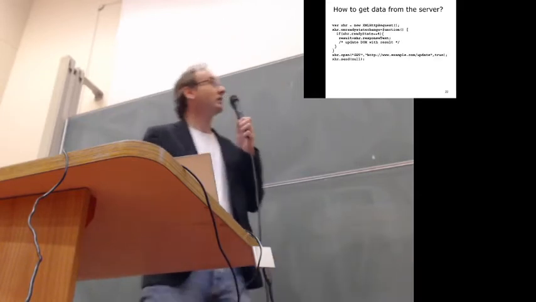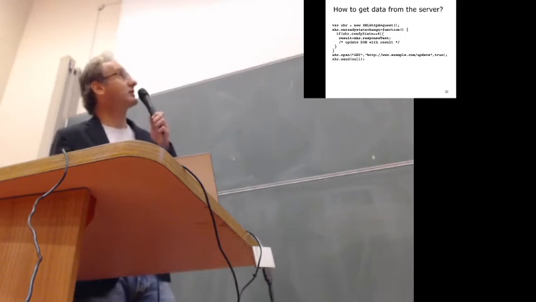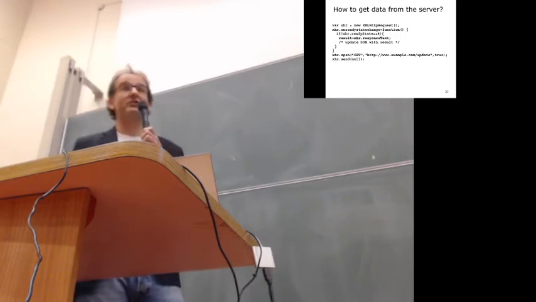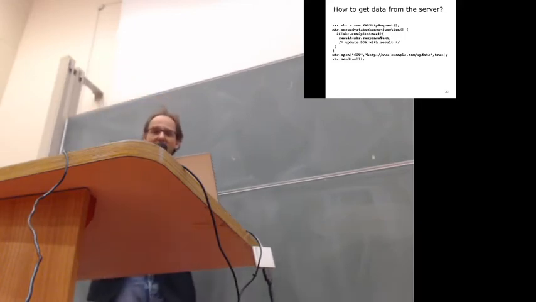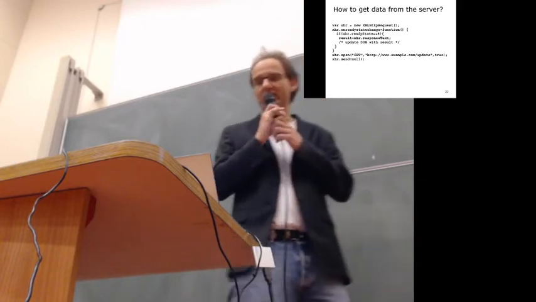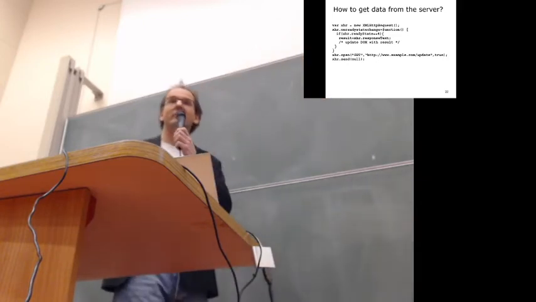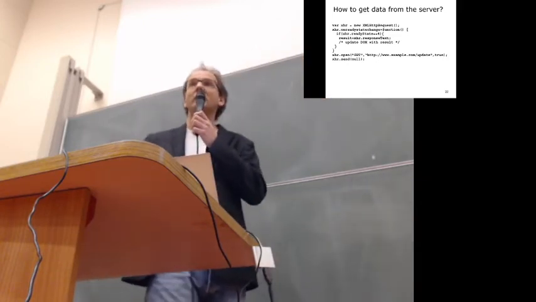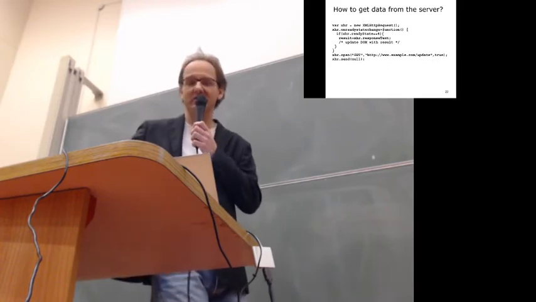If you look at how this looks, it's still the same recipe. It's setting up the handler function and binding it to the event. In the first line, we make a variable using this object that is provided by all the browsers.